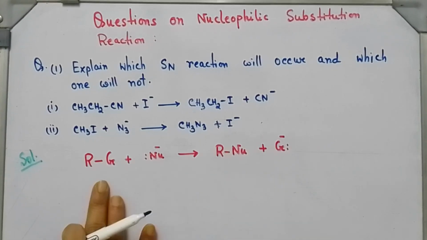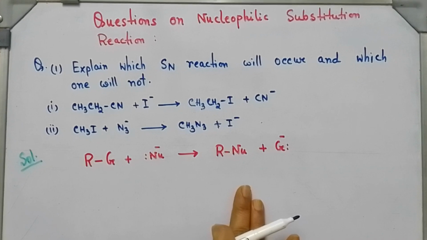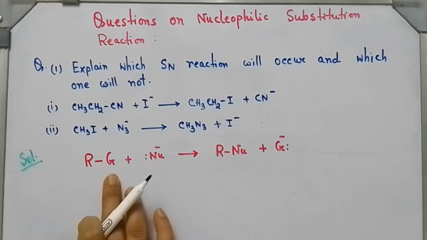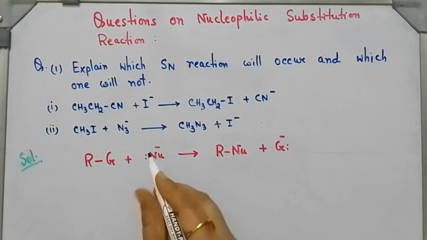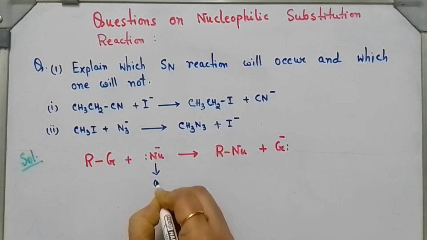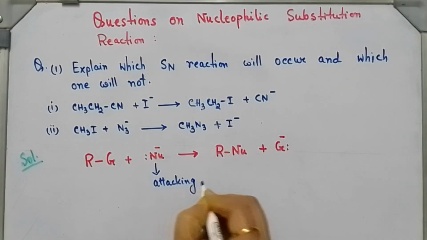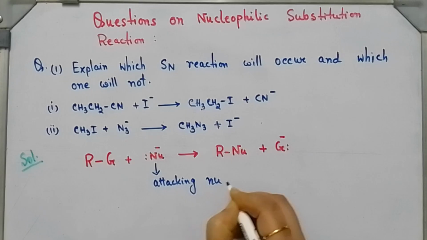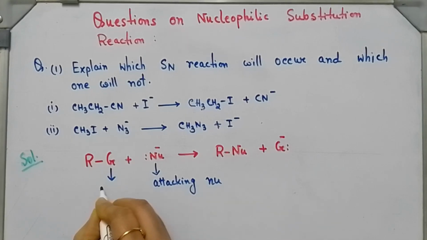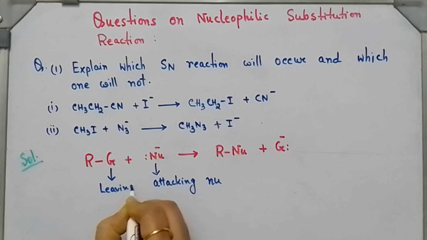Now see, this is schematic representation of nucleophilic substitution reaction. This is substrate and this is product. This is attacking nucleophile. This is leaving nucleophile or leaving group.